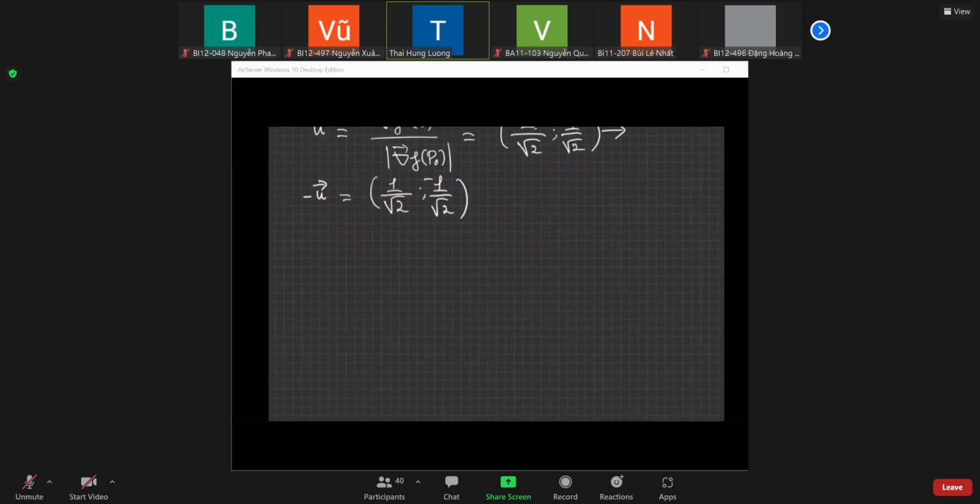So I think I have enough time to show you something about the linearization. It's just a matter of remembering the formula.